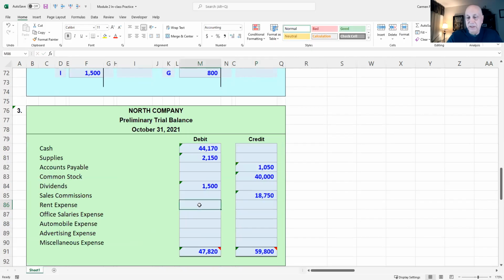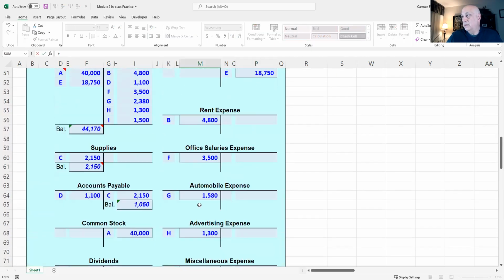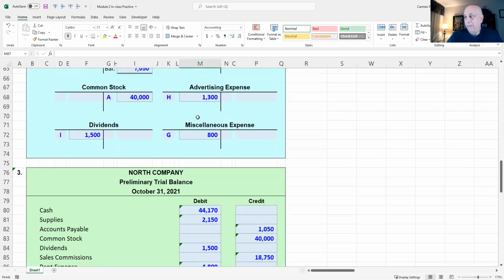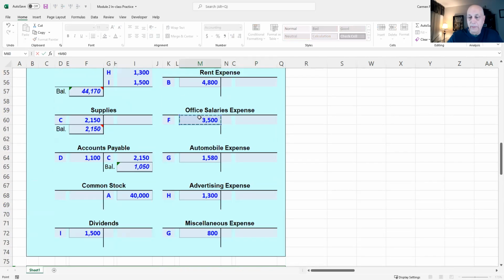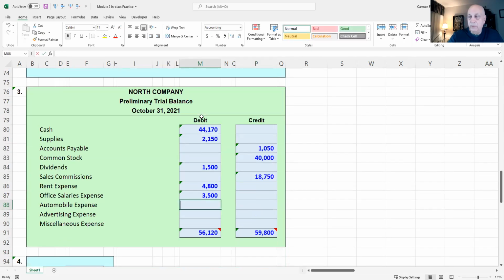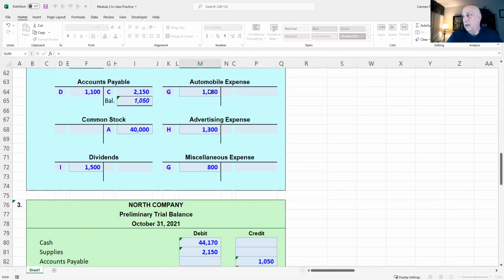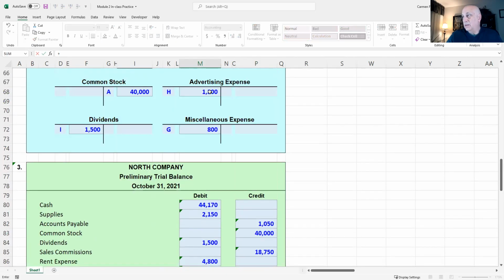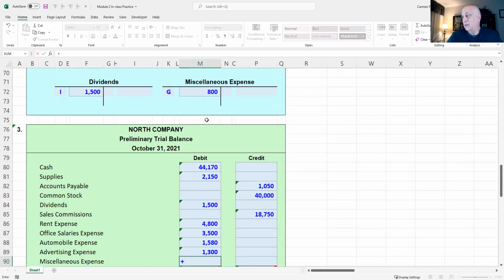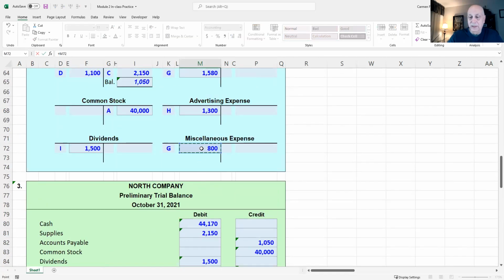And we have rent expense, a debit balance of $4,800. Office salaries expense has a debit balance of $3,500. Automobile expense has a debit balance of $1,580. Advertising expense has a debit balance of $1,300, and miscellaneous expense has a debit balance of $800.